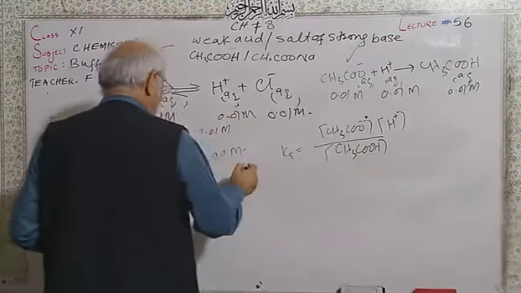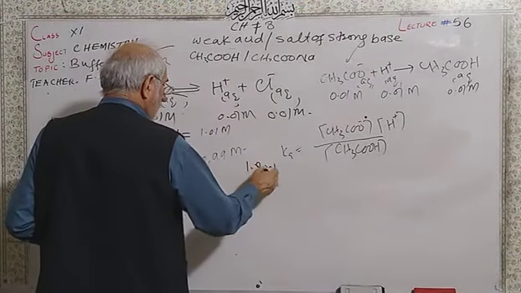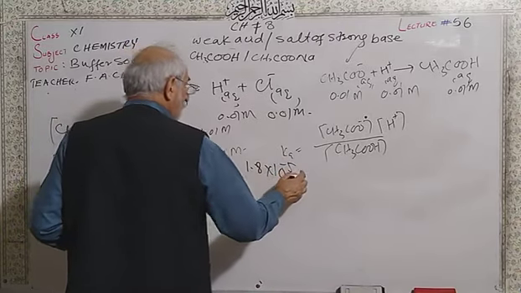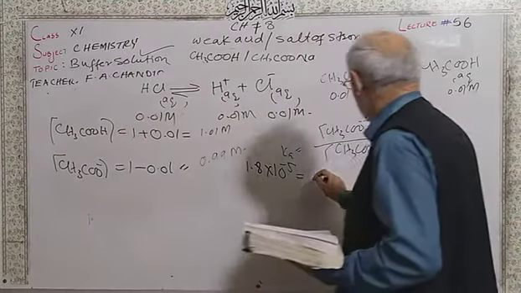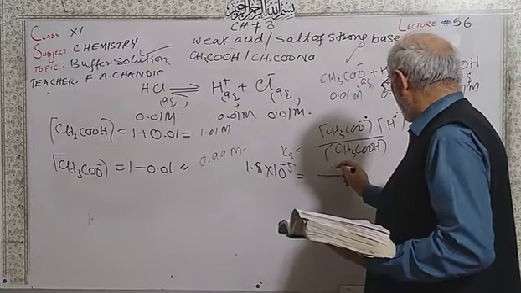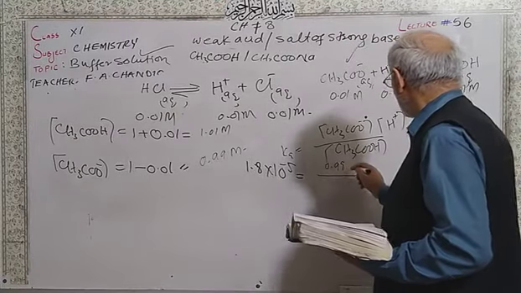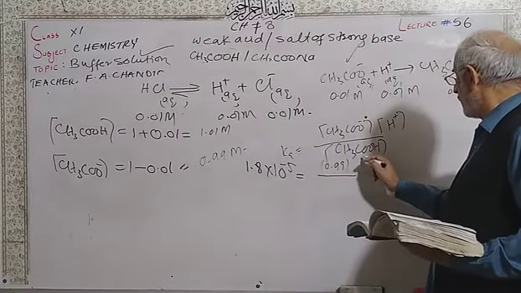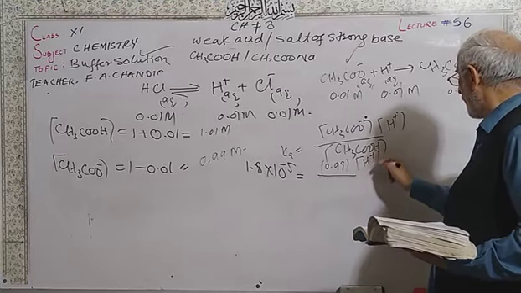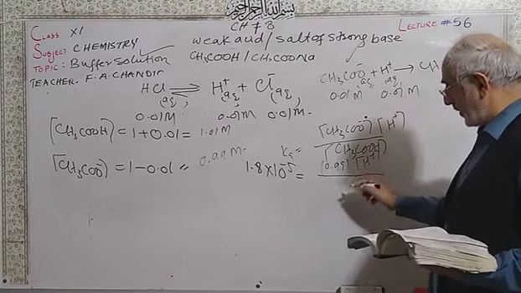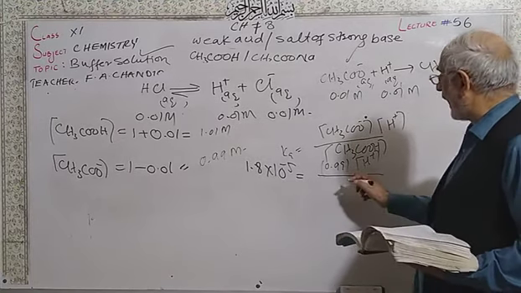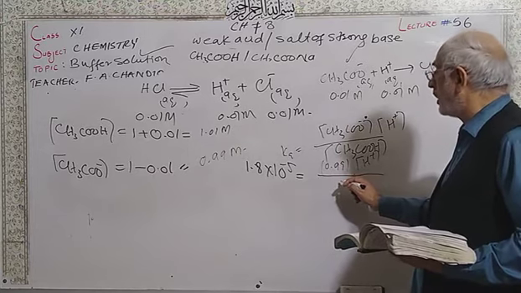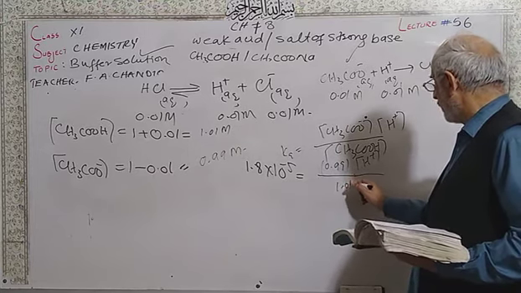The K value is the same, 1.8 times 10 raised to the power minus 5. Now the concentration of acetate is 0.99 moles. We want to calculate the concentration of hydrogen ion. Divide by the concentration of the acid, which is 1.01, like this.